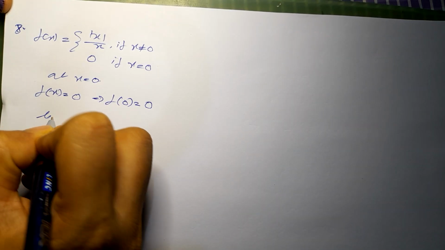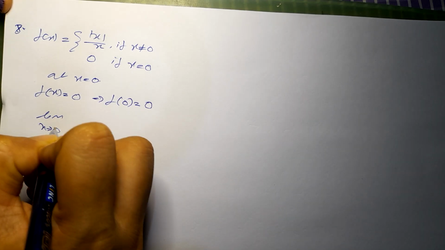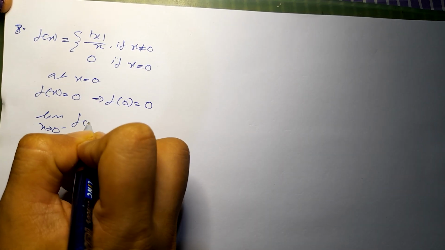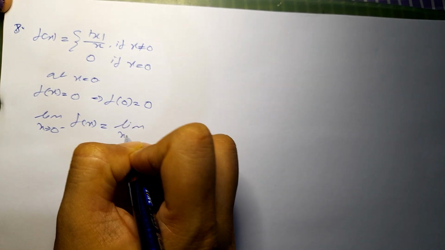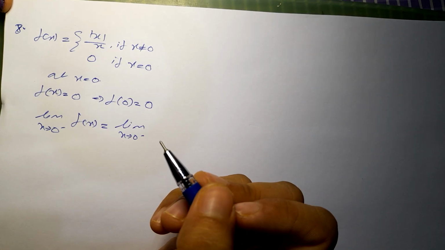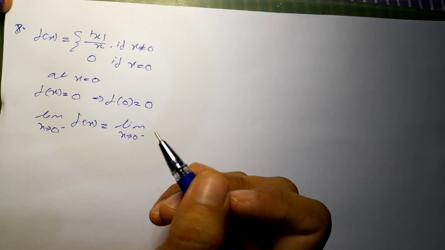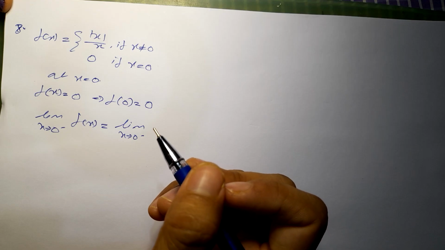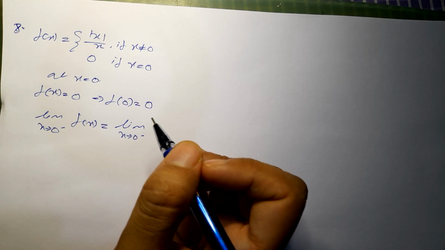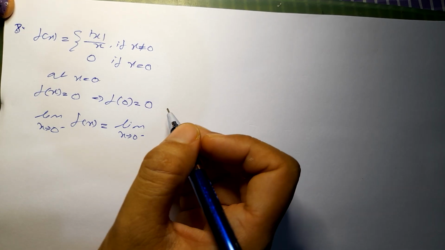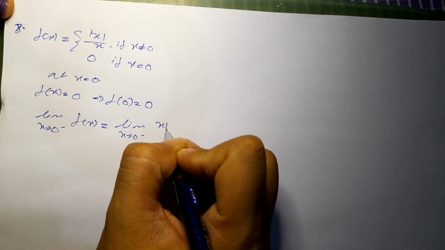So the left hand limit, limit x tends to 0 minus f(x), is equal to limit x tends to 0 minus of modulus of x divided by x.